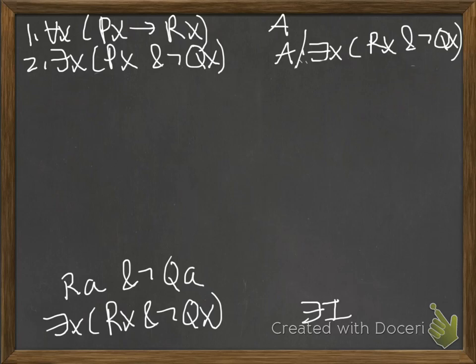And then we can do existential in. In order to get Ra and not Qa, we need to instantiate lines 1 and 2 using universal out and existential out, respectively. And then we can use the rules of propositional logic to derive Ra and not Qa from those formulas.